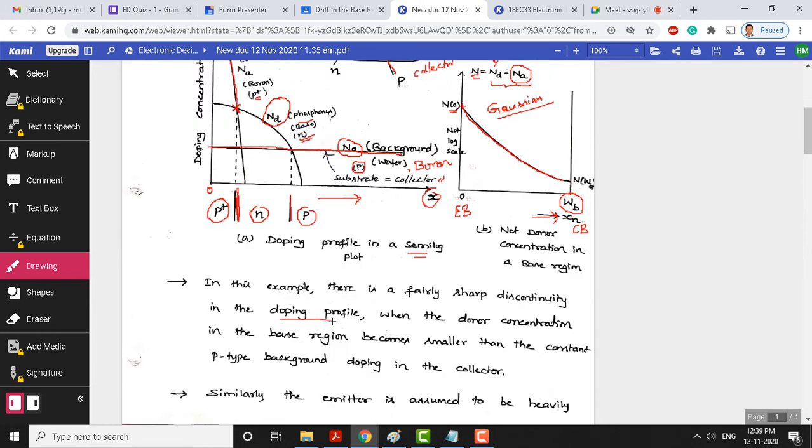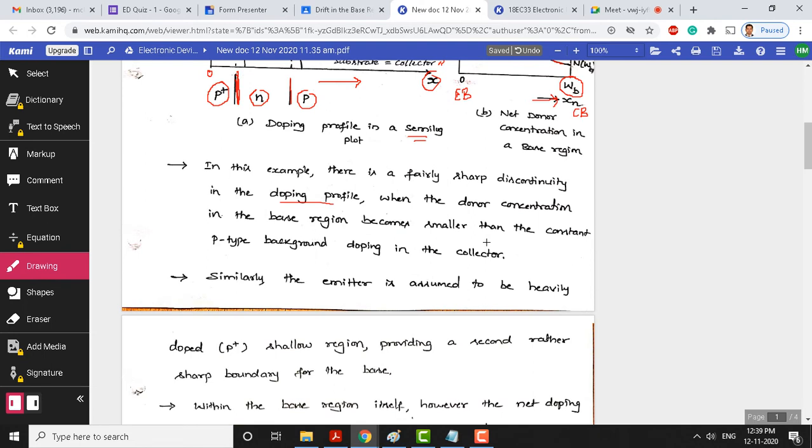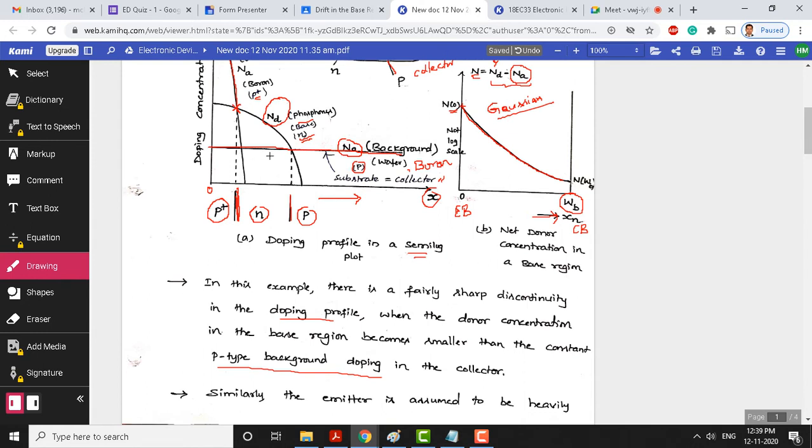Also, in the base region the doping discontinuity is very small. As I told you, the P type background region will act like a collector. This background region is constant. We start with the basic material as boron, and that is why this acts like a collector, and its doping profile is constant as a function of distance.